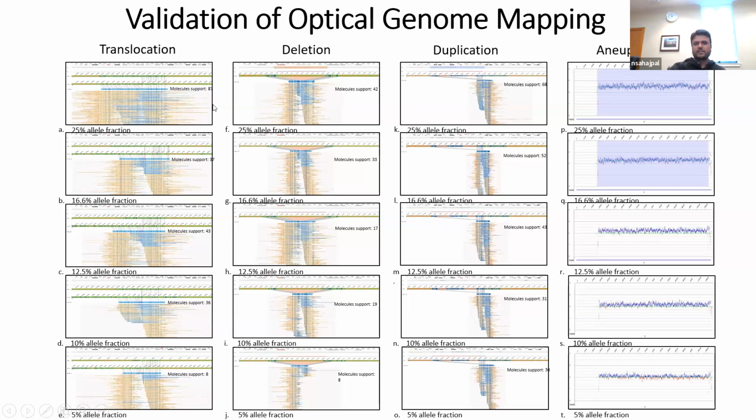And we diluted the samples from 50% allele fraction down to 5% allele fraction. And what you can notice is that the technology was able to pick up these different SV classes down to 5% VAF at 320x depth.